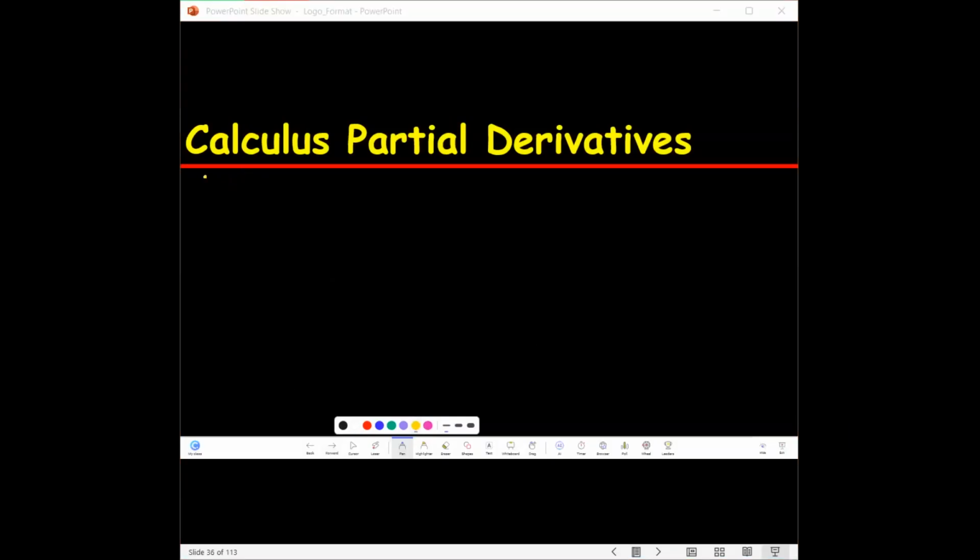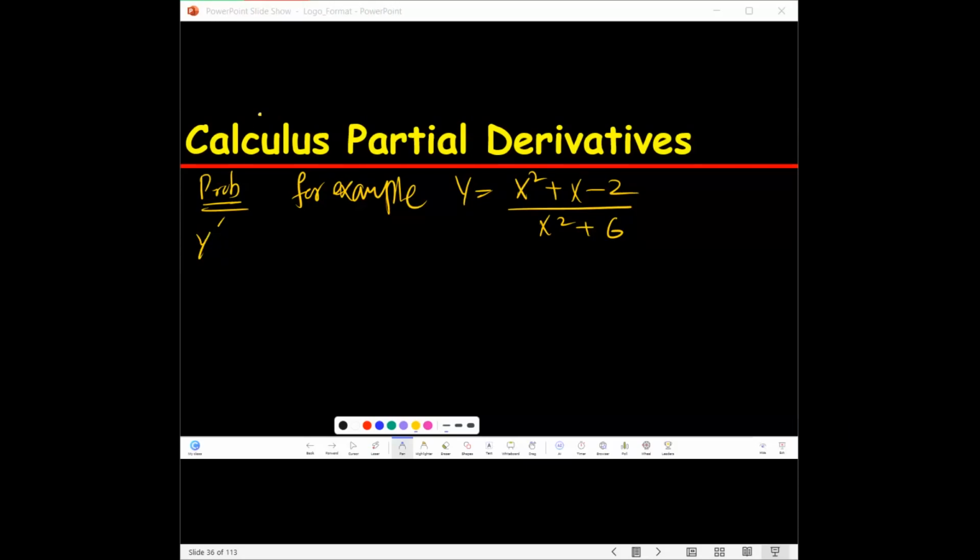So we have a problem given, for example y equals something that looks like this, and we need to find y prime, which really means the derivative with respect to x, right? We are really asked to find this. So can you apply the quotient rule? Yes, because x is involved in both the numerator and denominator.